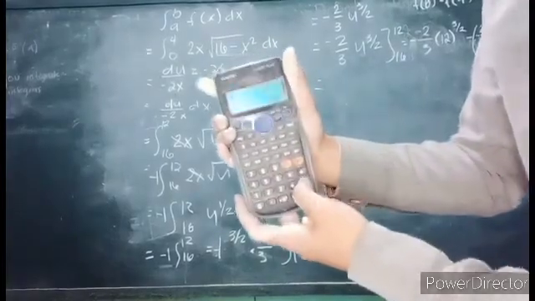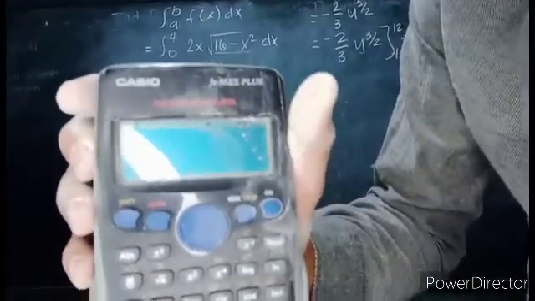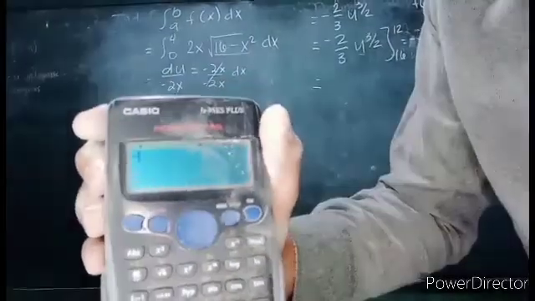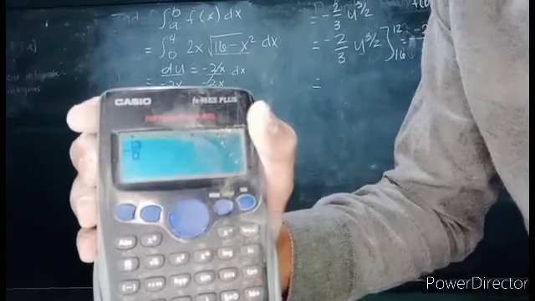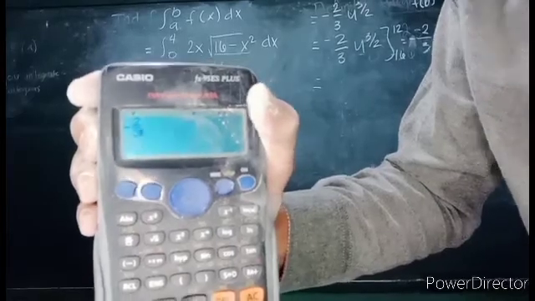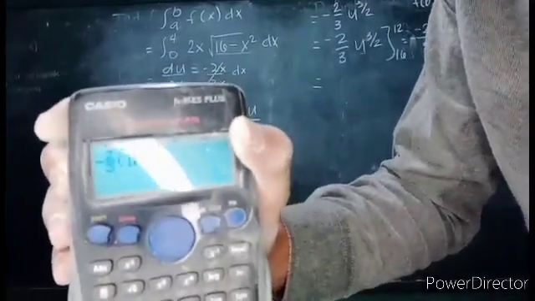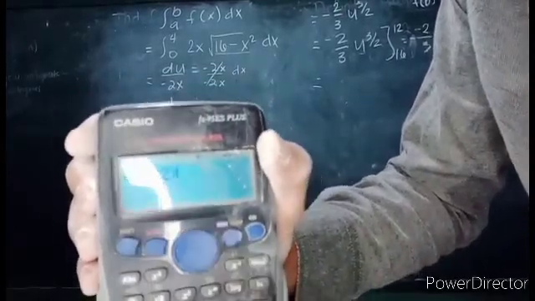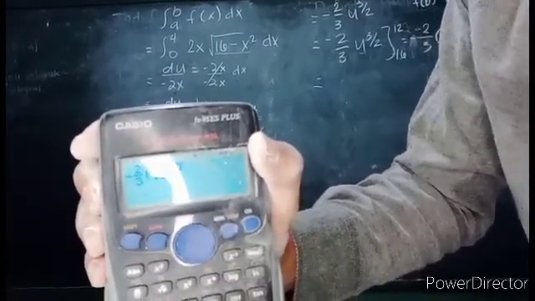Negative 2/3 times 12 raised to 3 halves.